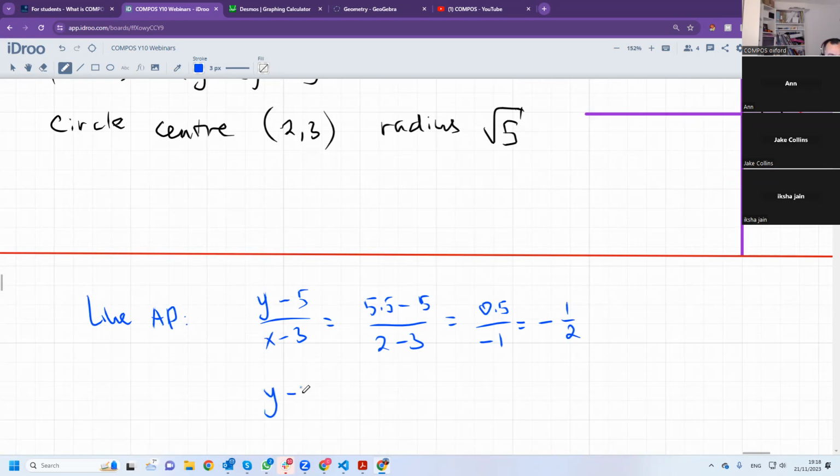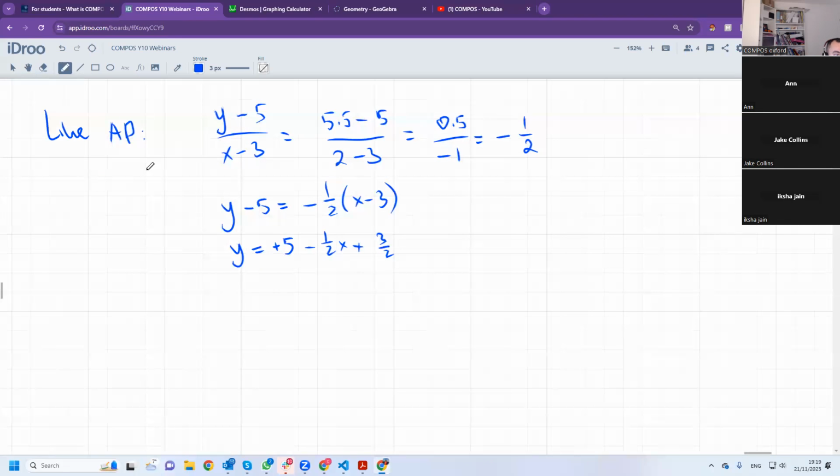So y minus 5 is equal to minus 1/2 times x minus 3. Y is equal to 5 minus 1/2 x plus 3/2, 10/2. So y is equal to minus 1/2 x plus 13/2.